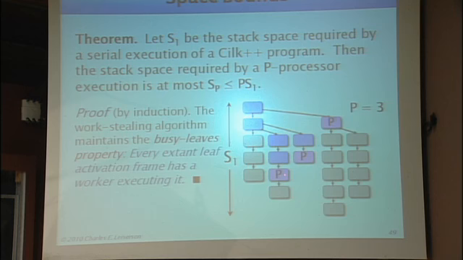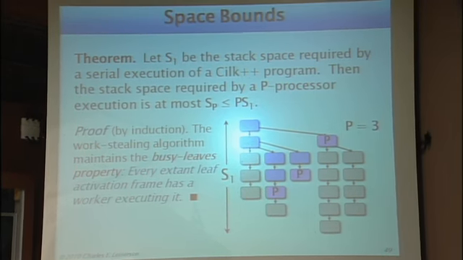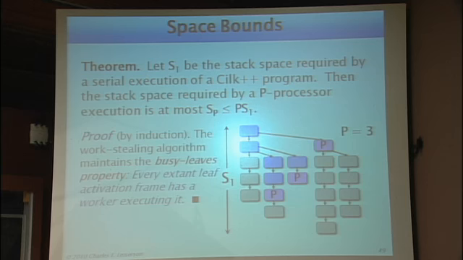And so therefore, if you look at how much stack space you're using, each of these guys can trace up, and they may double count the stack space, but it'll still be bounded by P times the depth that they're at, or P times S1, which is the maximum amount. Okay, so it has good space bounds. That's not so crucial for you folks to know as a practical matter, but it would be if this didn't hold. If this didn't hold, then you would have more programming problems than you'll have.